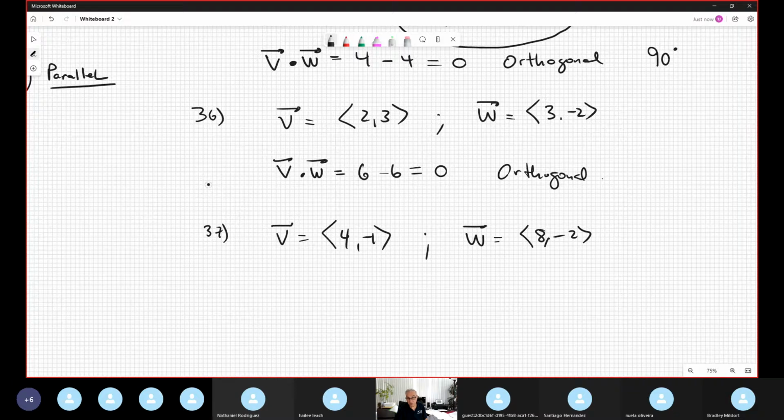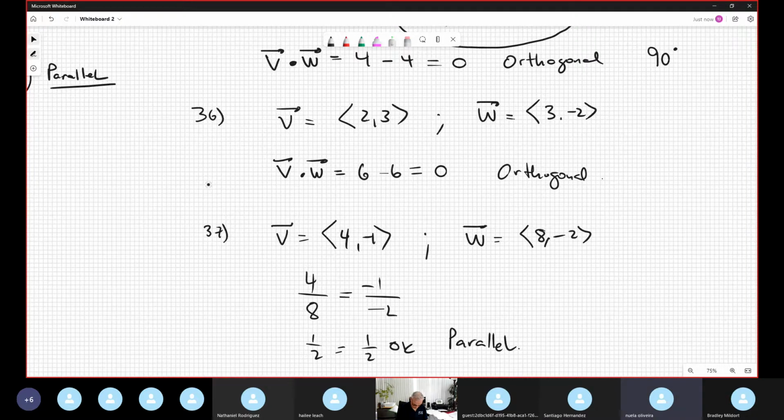So 34, not 0, not orthogonal. But parallel maybe, if you divide component by component, for example, 4 divided by 8 and -1 divided by -2, see, it's the same? Yes, of course, it's the same, 1/2. When you reduce, in the Western way, 1/2 equals 1/2 because negative divided by negative is positive. Okay, parallel. More clear now?